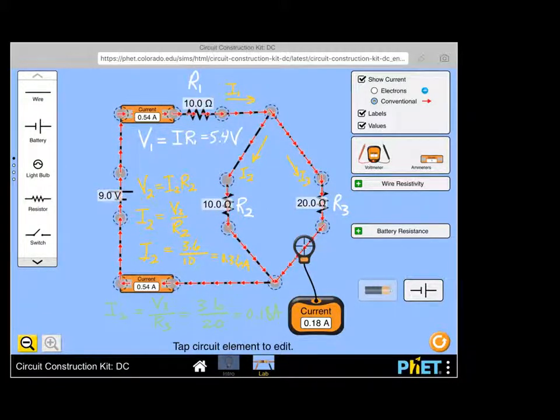So now what we need to do is change it and see if you guys can figure out what it is. Let's add a new screen here.